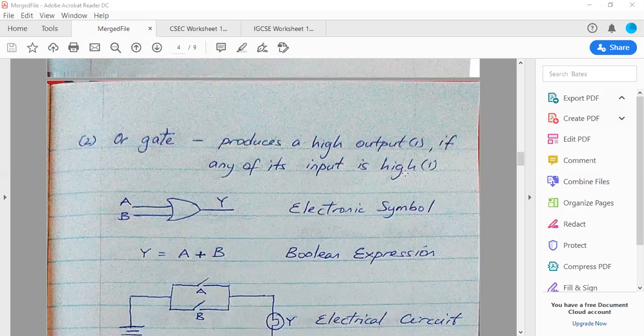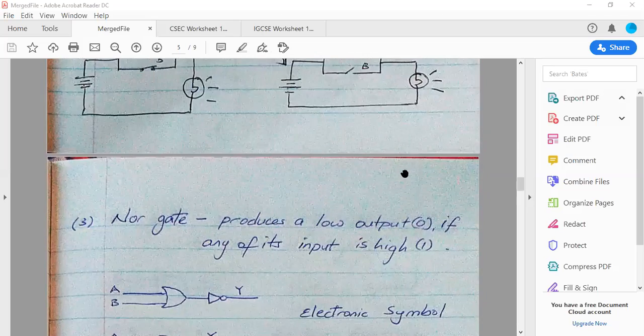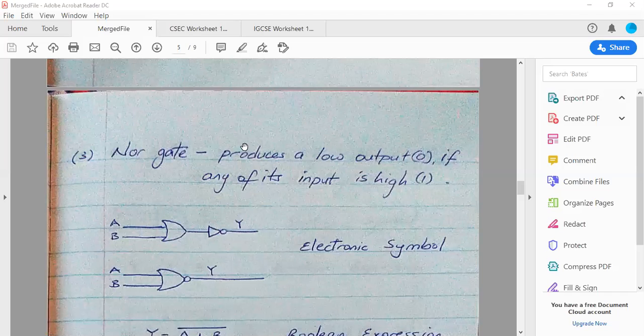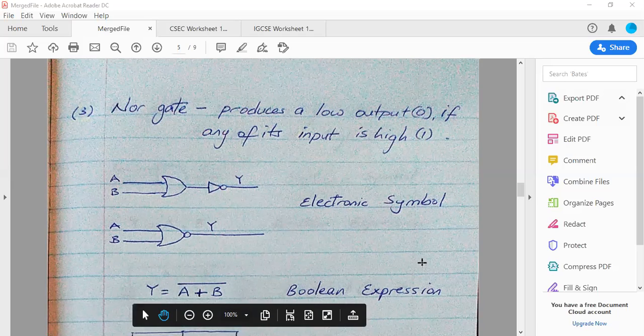So the NOR gate is basically the opposite of your OR gate, in that once it has a high input here, your output is going to be 0. The traditional electronic symbol for the NOR gate would have been the first one here, where you have an OR gate and then a NOT gate, which is a combination of both.